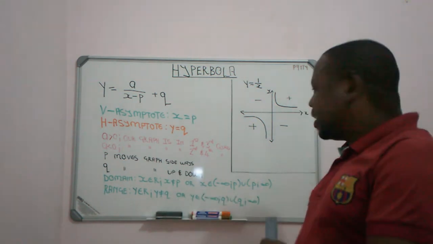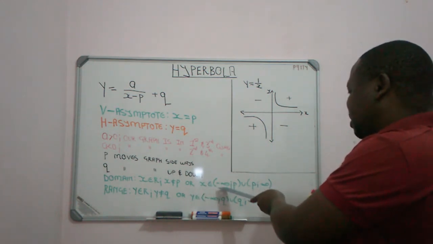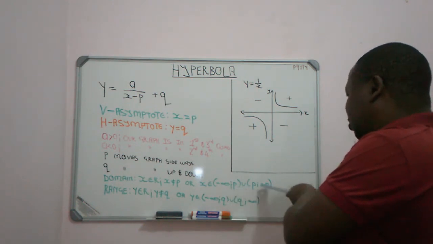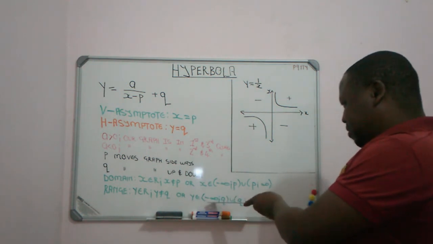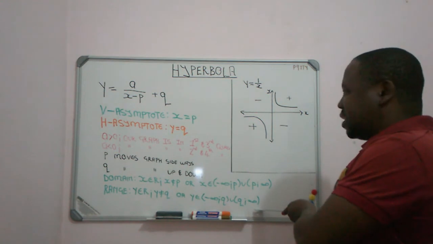Or you can also write it in this form. Domain, x is an element of minus infinity to p union p to infinity. And range, y is an element of minus infinity to q union q to infinity.